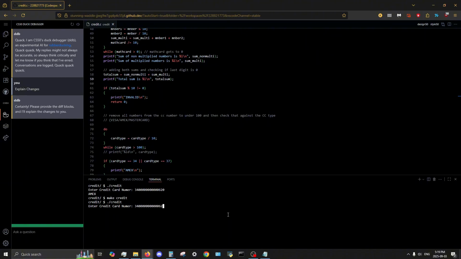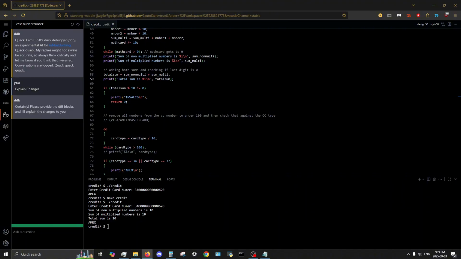3400000000. 10, 10, 20, and it's an Amex. So why are they expecting it to be invalid? I don't get it.